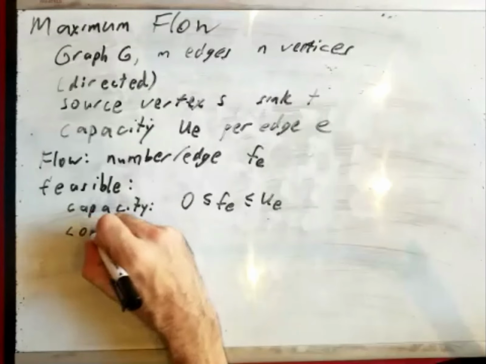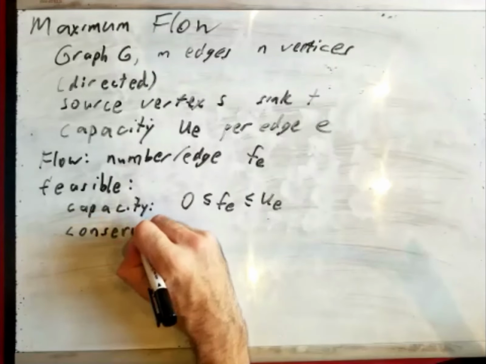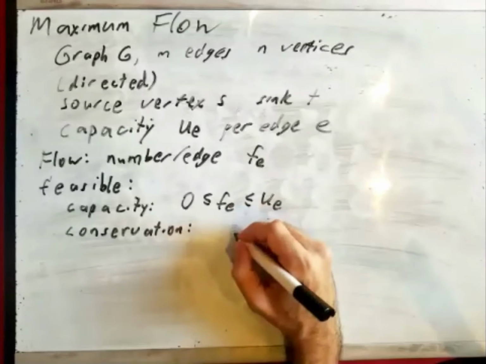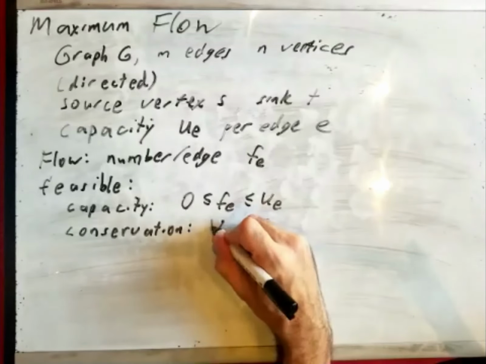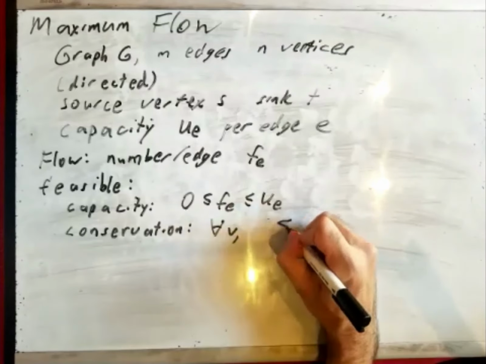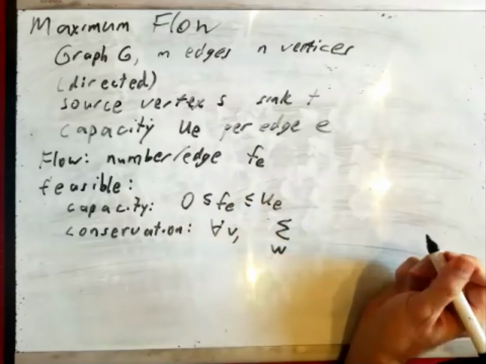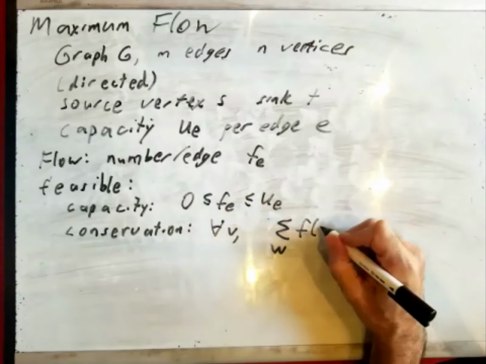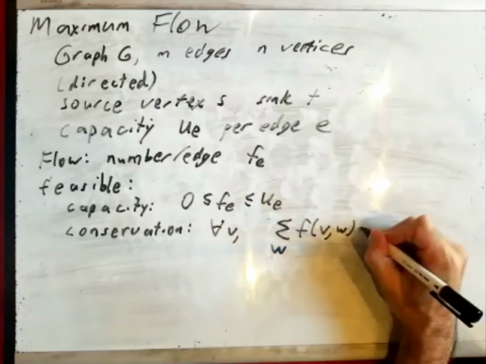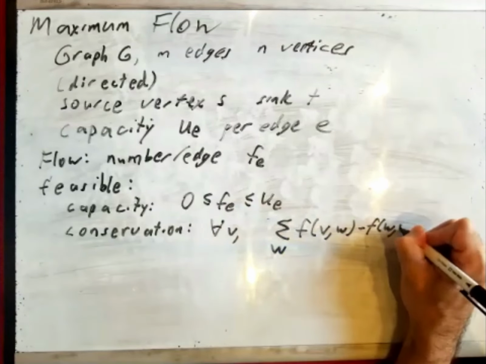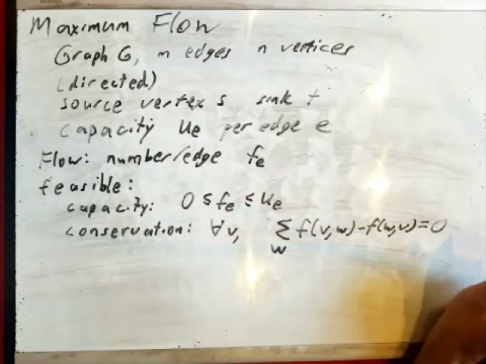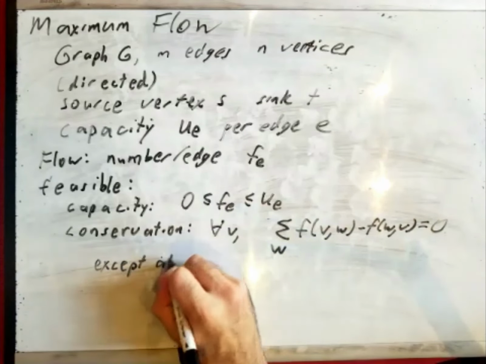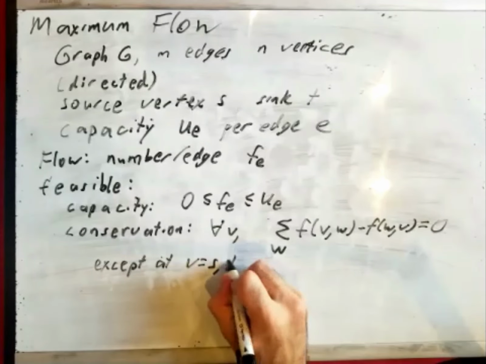And it also has to satisfy what are known as the conservation constraints, which say that for any given vertex V, the sum over all of the other vertices W of the flow from vertex V to vertex W minus the flow from vertex W to vertex V is equal to 0, except when V is the source or the sink.